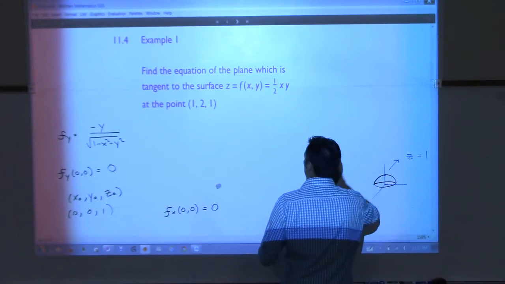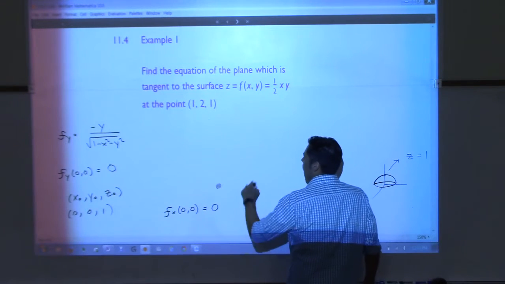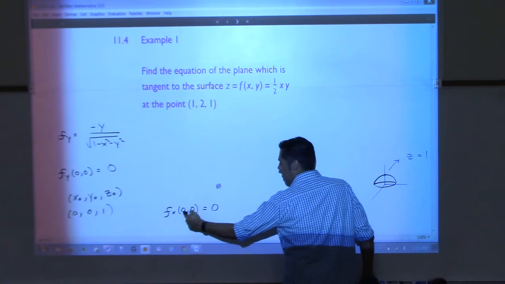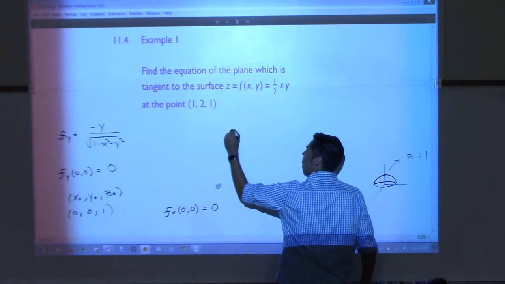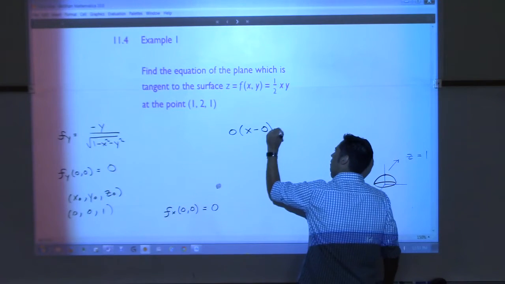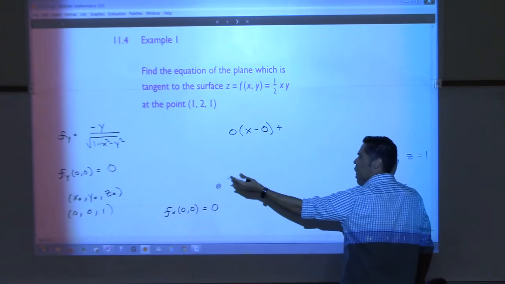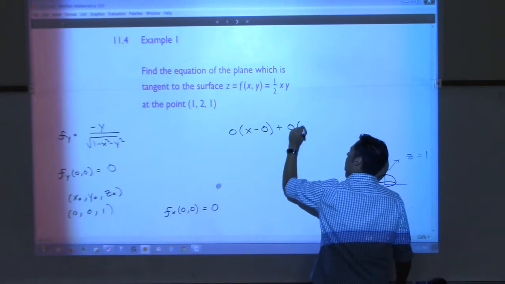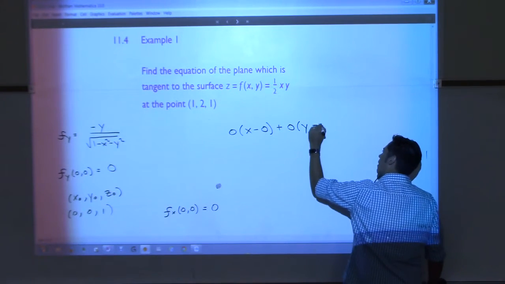The formula is going to be, it's on the previous note, the partial of f with respect to x at the point 0, 0, which was 0. Then x minus x naught, which was 0, plus the partial of f with respect to y at 0, 0, which was 0. And then y minus y naught, which was 0.